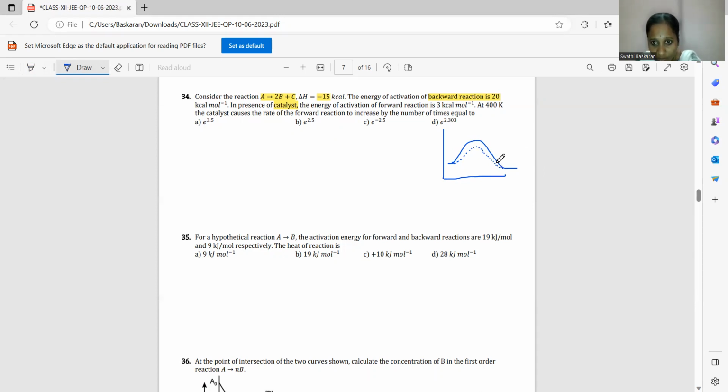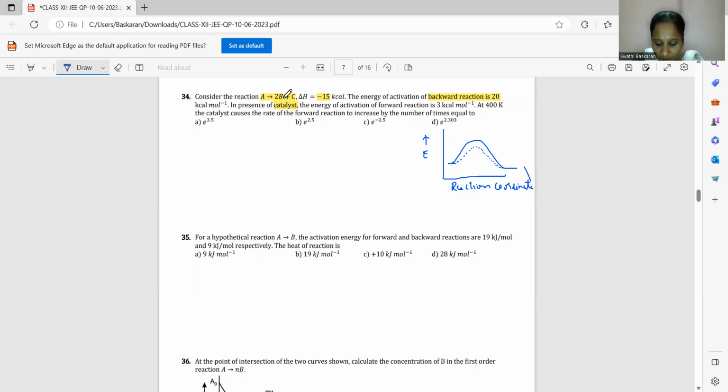We all know that this is potential energy, and this is the reaction coordinate. Now, we will write whatever information is being given.